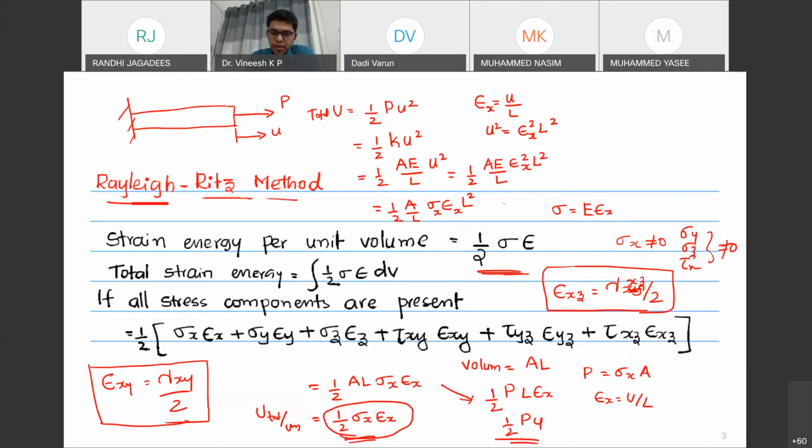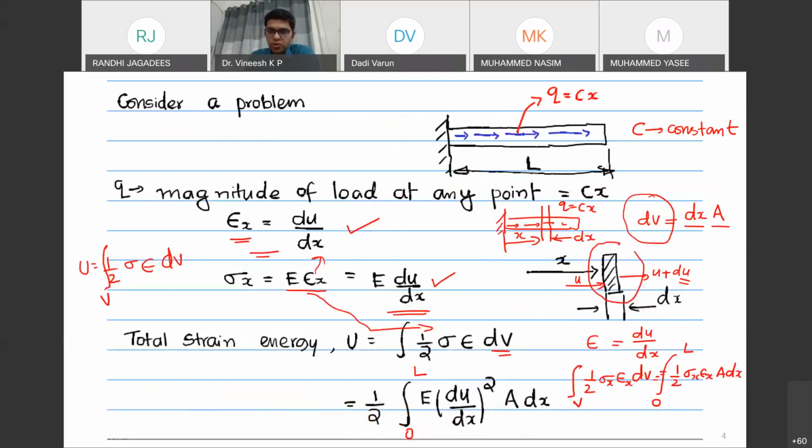What we do in the Rayleigh method: once you get the expression for the strain energy, we assume some function for the displacement. Generally we took it as a polynomial function, but it need not be. Sometimes you can take the approximate function of the displacement as a trigonometric function.